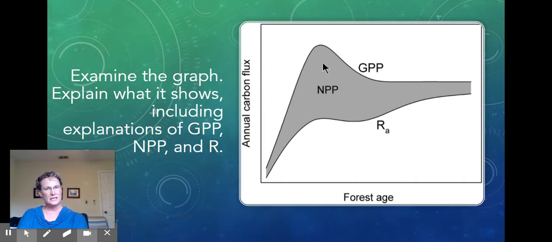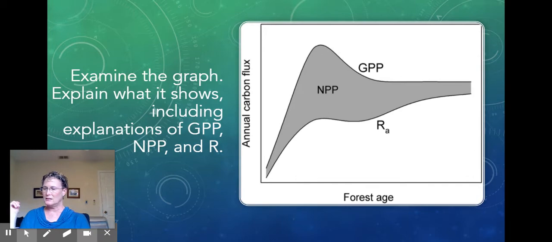What's interesting is the net actually reaches a peak early on in the forest's age, and older forests will be stable in their net primary productivity. What you're looking at here is the difference between the gross and the respiration. So this is a small amount, and then this is a large amount.